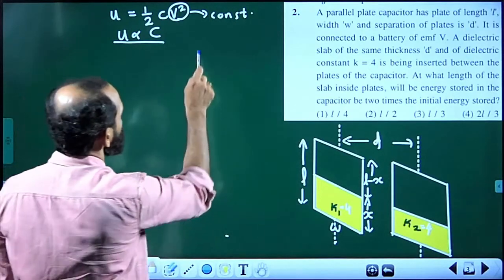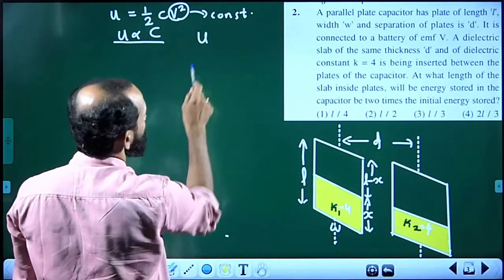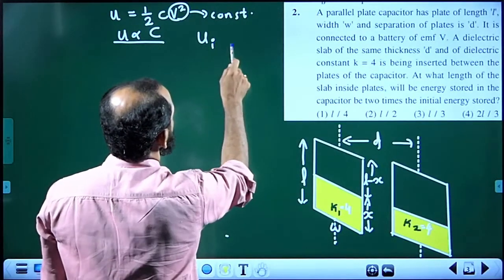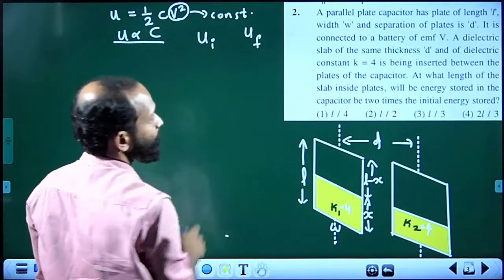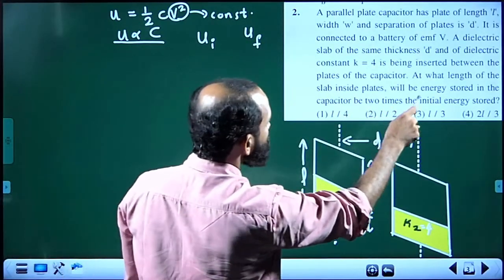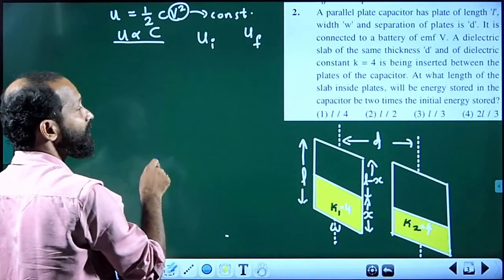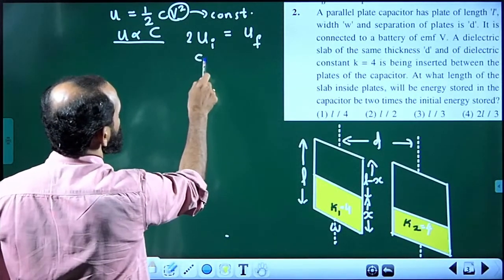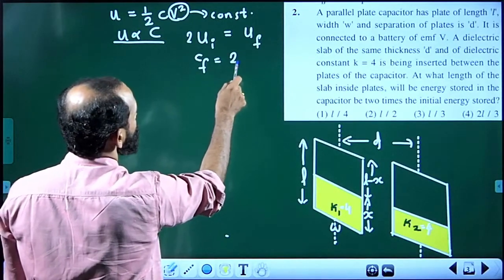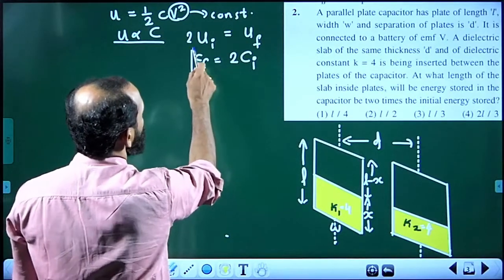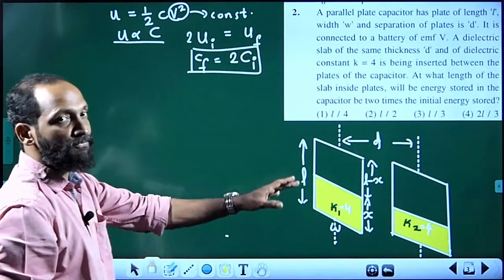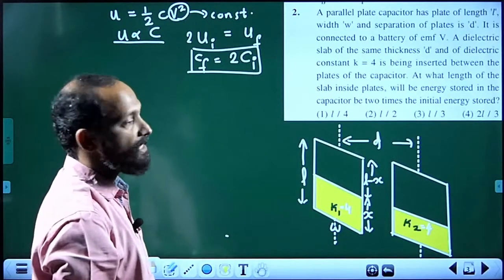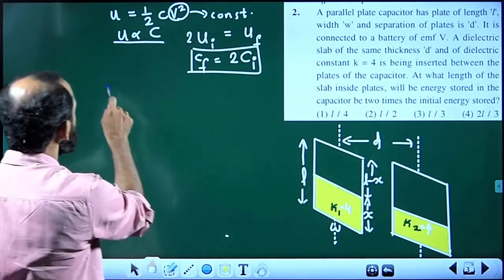It is given that the initial energy is UI, final energy is UF, and UF is equal to 2 UI, that is C final is equal to 2 times C initial. So, final capacitance of the combination after insertion of the slab should be double the initial capacitance.